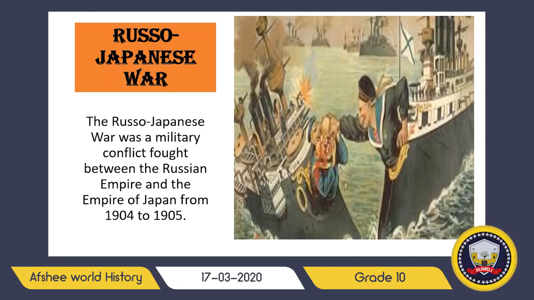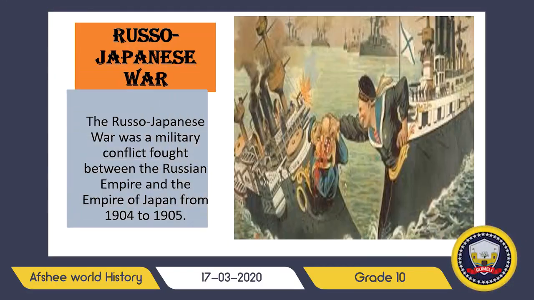In simple words, it was a war between Russia and Japan, fought from 1904 to 1905 over China's territory.